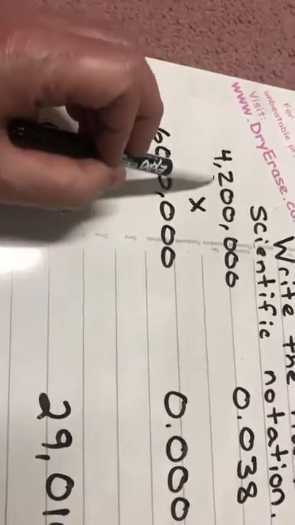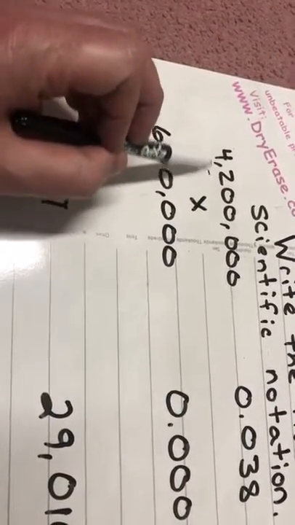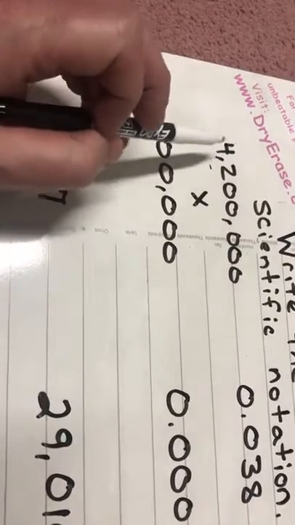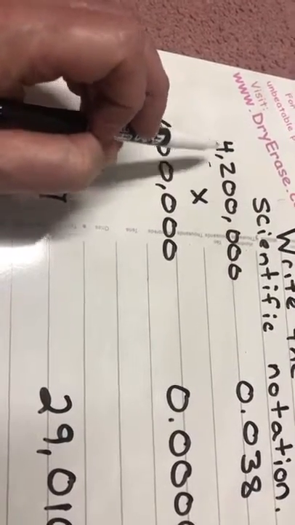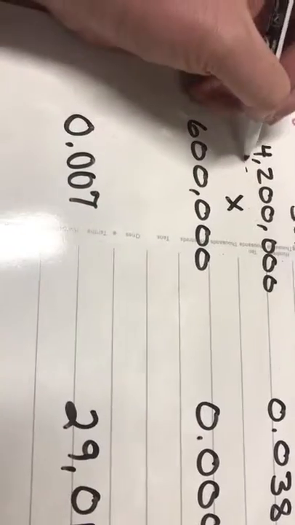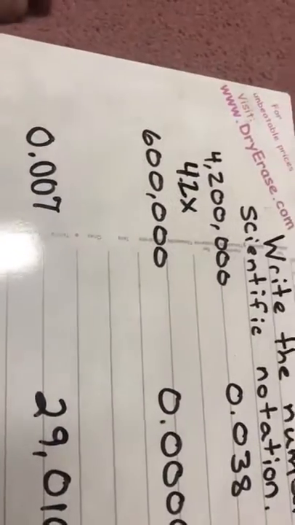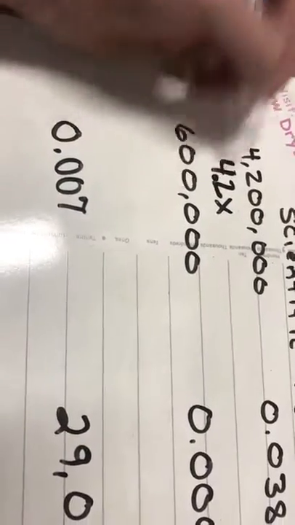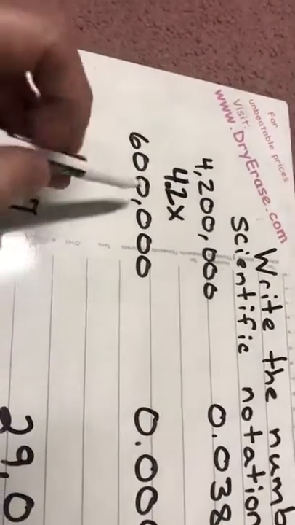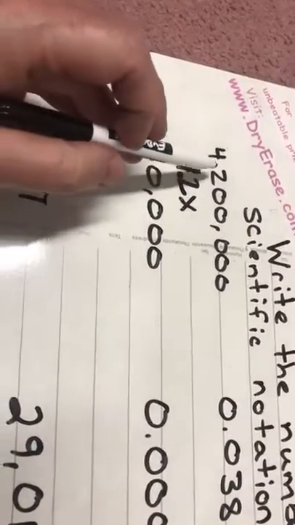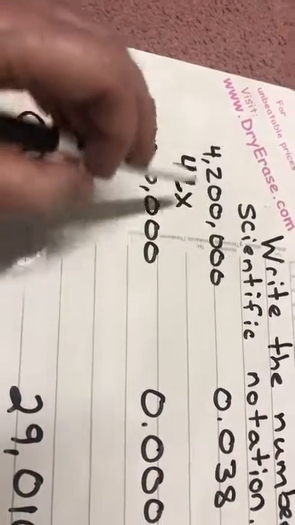Now I'm looking at my digits 4 and 2. That makes 42. The only way that I'm going to get a number that's at least 1 but less than 10 is to make that 4.2. Now I'm thinking, what would I have to do to the decimal to end up with 4,200,000?